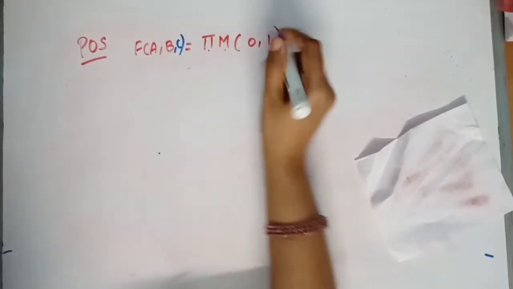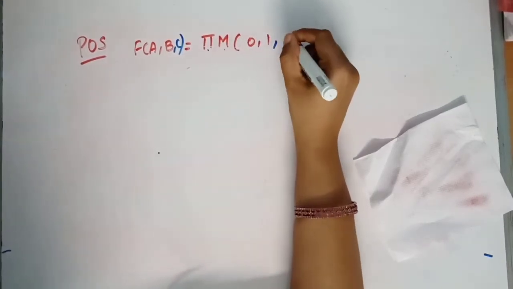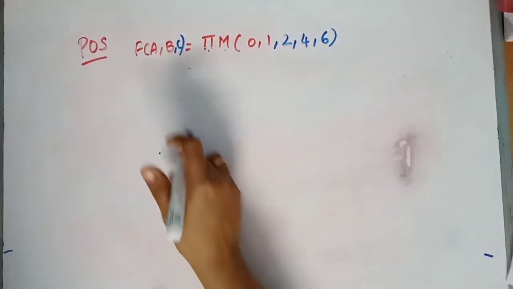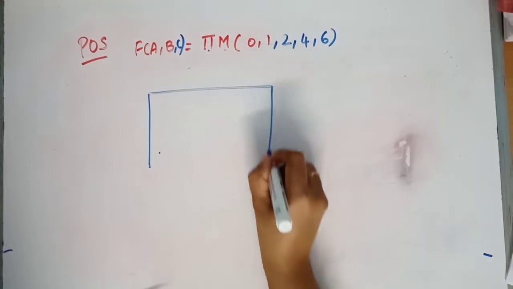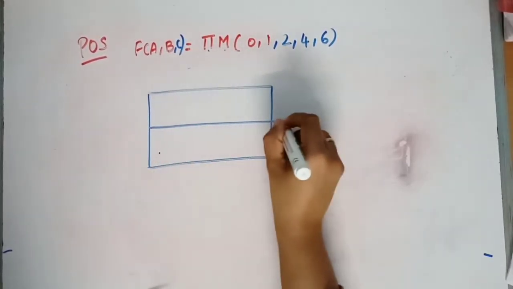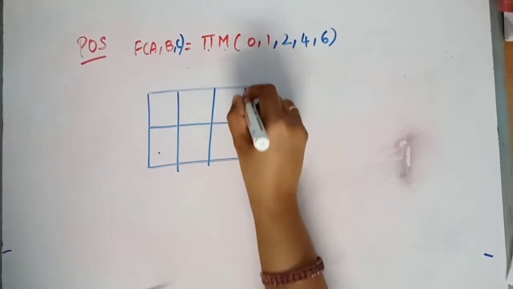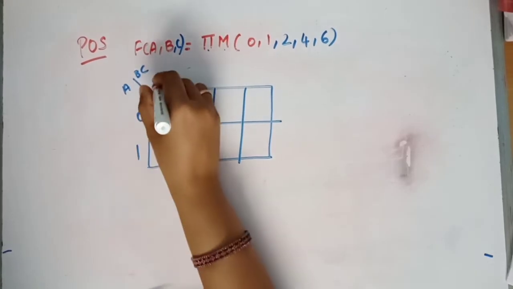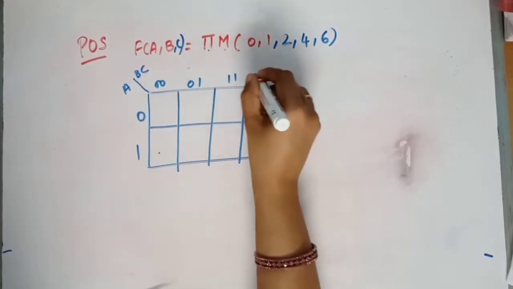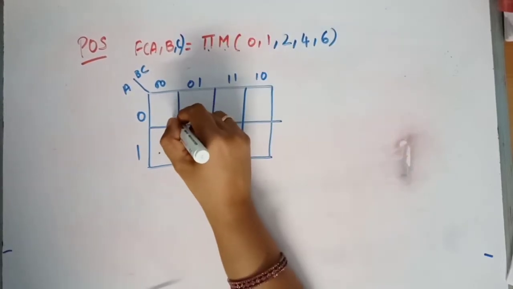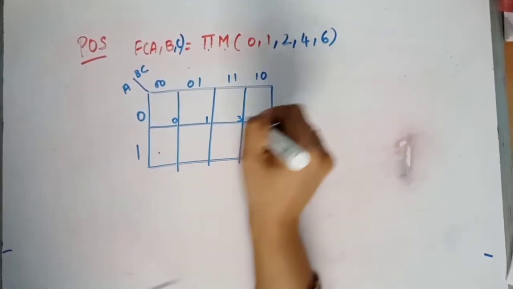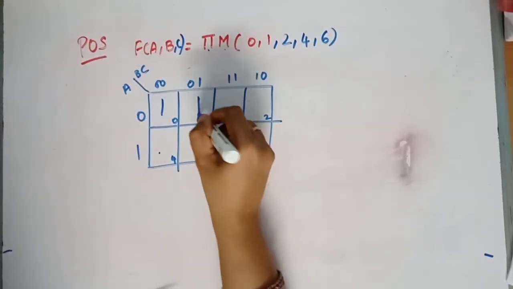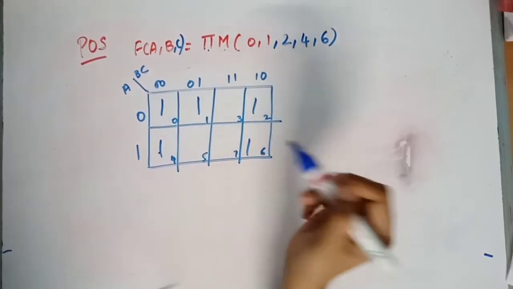Suppose next question is ABC equal to 0, 1, something like this. So 3 variable, 0, 1, 3, 2, 4, 5, 7, 6. So 0, 1, 2, 4, 6.